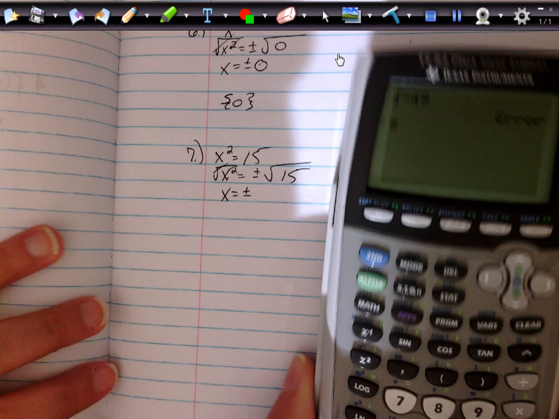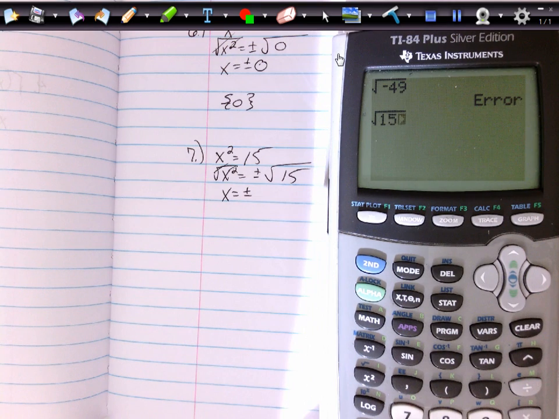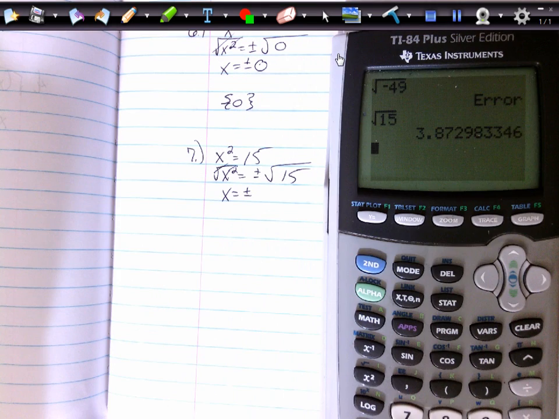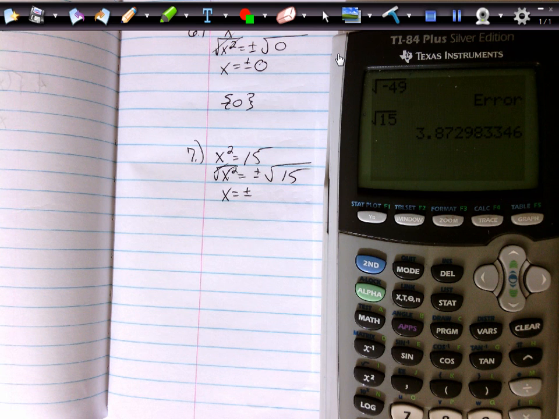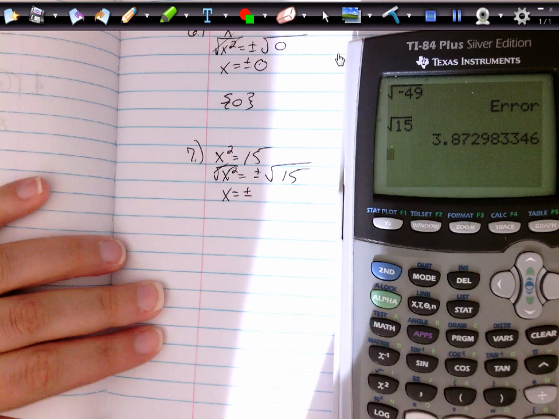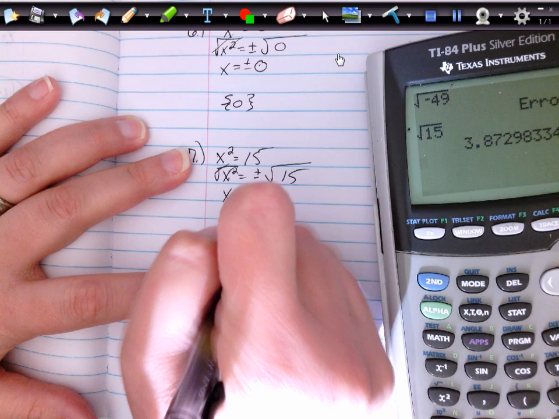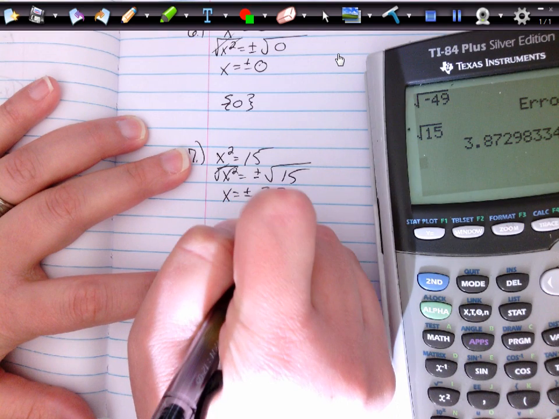And here, if we put in the square root of 15, I come out with a decimal because 15 is not a perfect square. And that's okay here. We're just going to round to the nearest hundredth. If your answer is not a perfect square, you're just going to round to the hundredth. So we're going to say 3.87.